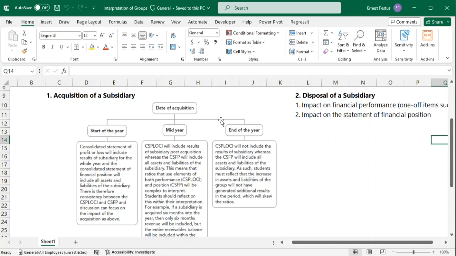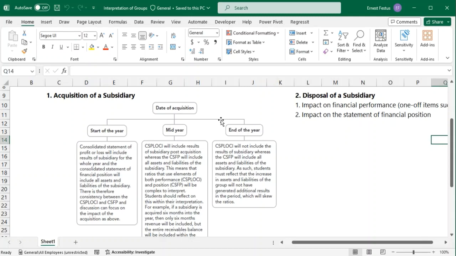So when it happens at the end of the year or at the start of the year, all you have to do is to analyze your consolidated profit or loss and other comprehensive income and the statements of financial position, and discuss the results or the ratios and the impact of the acquisition. That is all you have to do.